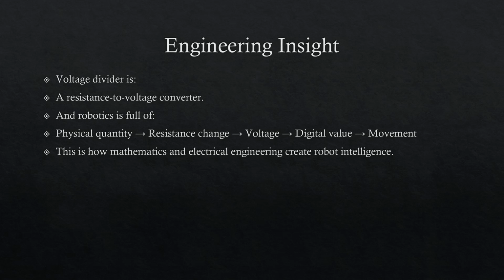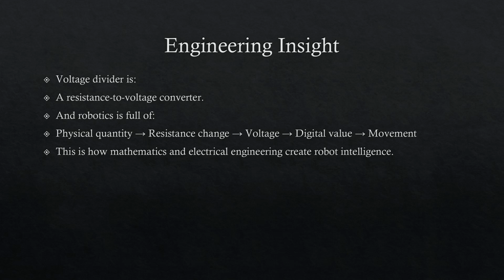From an engineering insight, a voltage divider is used as a resistance to voltage converter. A robot is full of physical quantities which we measure using sensors. In a sensor, we measure resistance change, then using a voltage divider, we change that resistance into voltage.